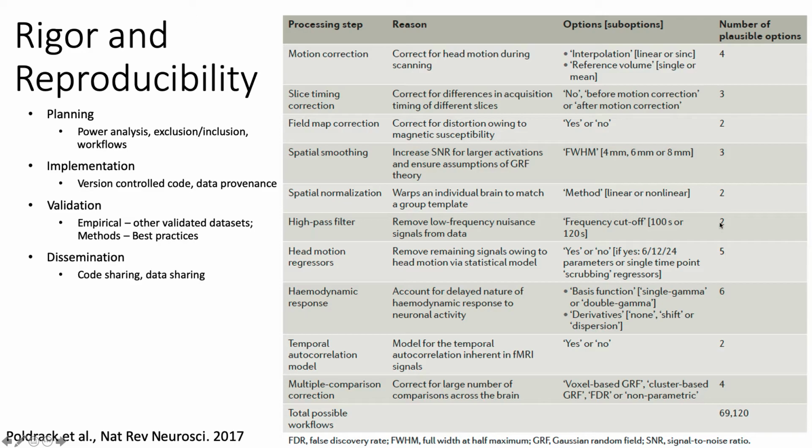And over all of these different steps, you have over 69,000 possibilities of how you can process your data. And I'm not going to know what you did, and you're not going to know what I did unless it's documented somewhere. And that's really what this is all about. And it's important for all of these levels, from the planning level to the implementation level, to how we validate what we've done, to even how we do our data sharing.